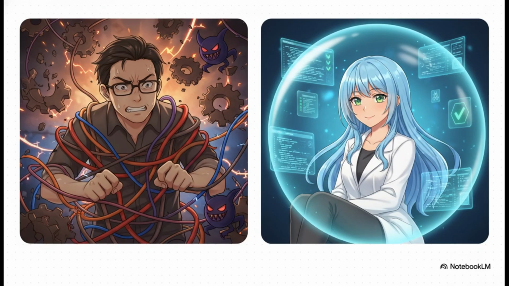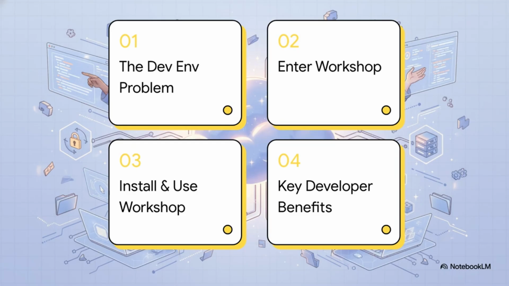We are moving to a clean environment that's strictly isolated, perfectly repeatable, and, get this, achievable with just one single command. So here's our roadmap for today's explainer. First, we'll look at the development environment problem. Second, enter Canonical's Workshop. Third, installing and using Workshop. And finally, key developer benefits.